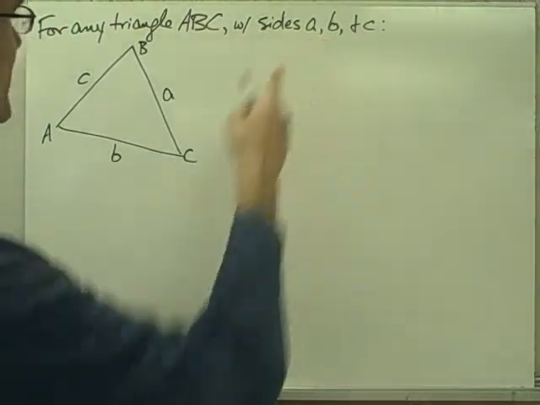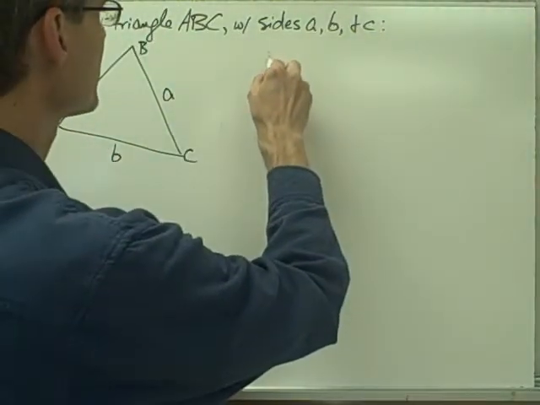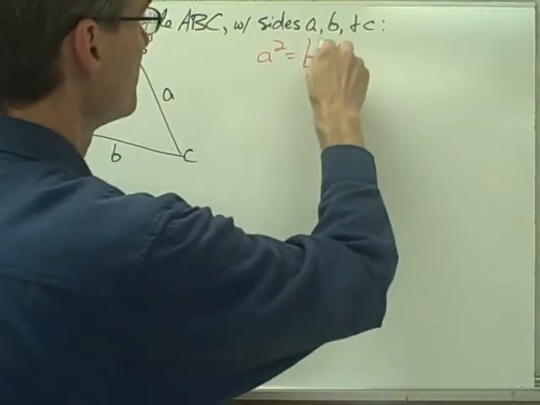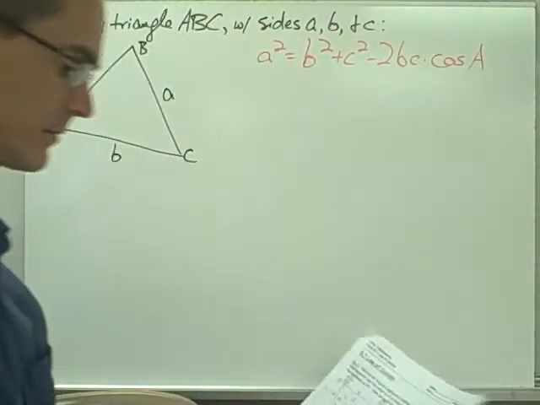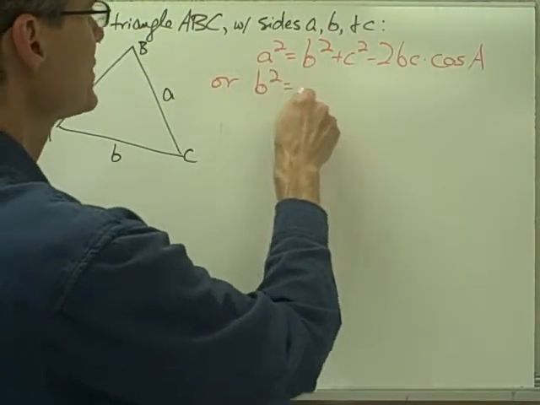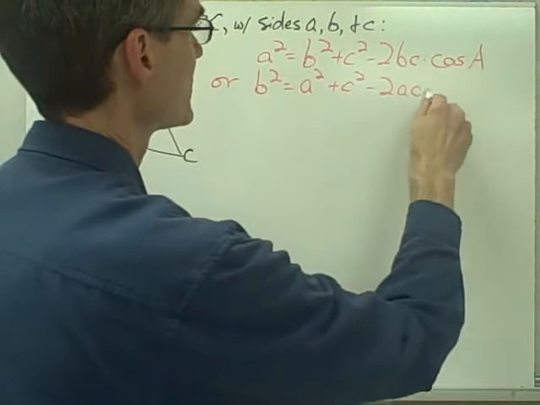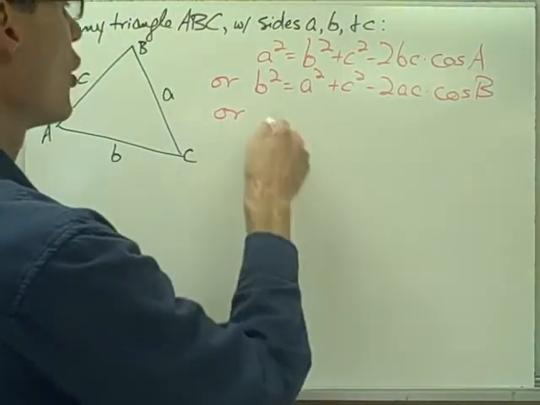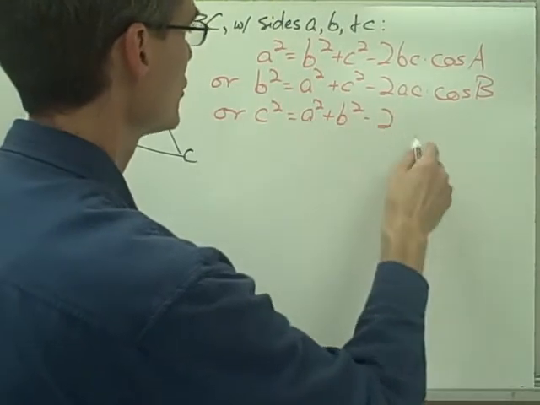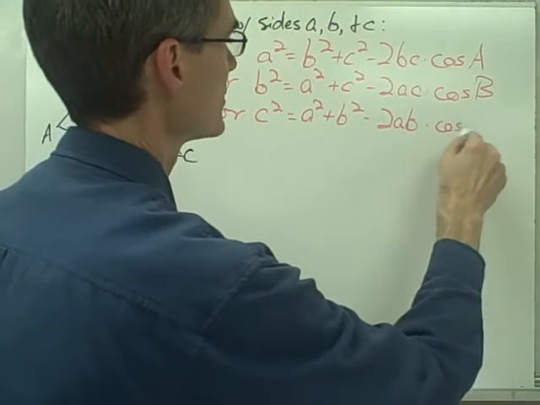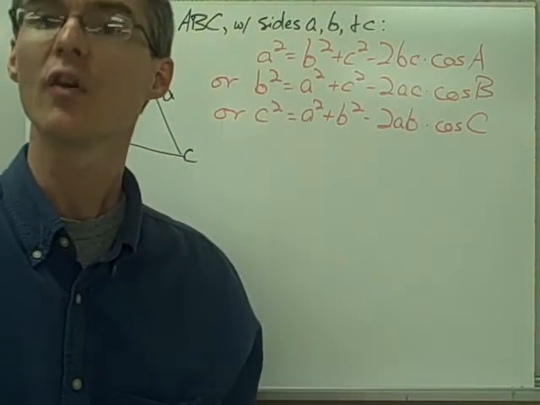For any triangle ABC with sides A, B, and C, that is, side A is opposite angle A and side B is opposite angle B, like we've done before, the law of cosines says a squared equals b squared plus c squared minus 2bc times cosine A, or b squared equals a squared plus c squared minus 2 times A times C times cosine B, or c squared equals a squared plus b squared minus 2 times A times B times cosine of C. And you would choose which one of these equations to use based on what information you have for a particular triangle.